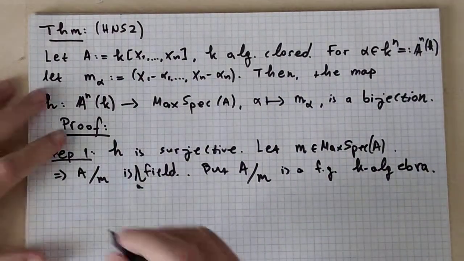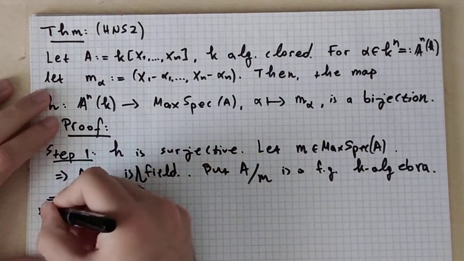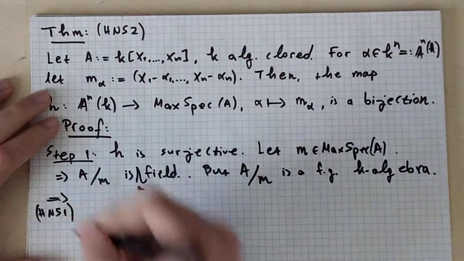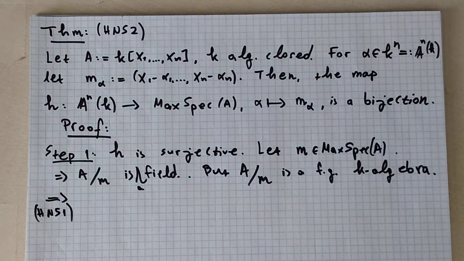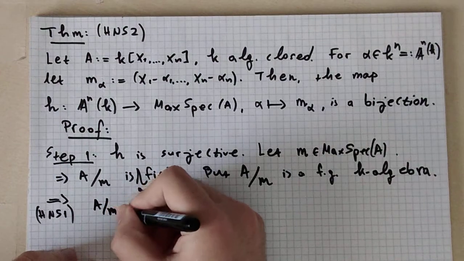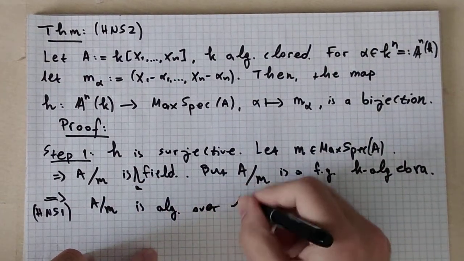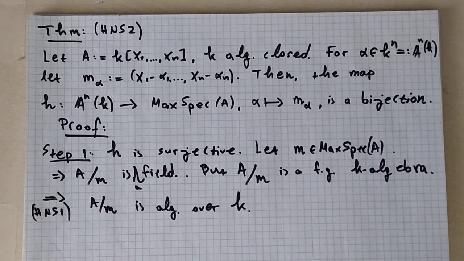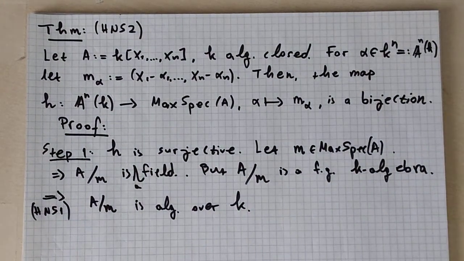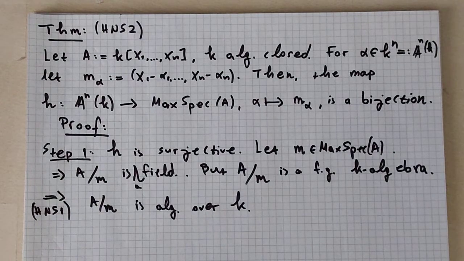But now, if we use Hilbert's Nullstellensatz version 1 that we proved in our previous video, what we get is that alpha modulo M is algebraic over K. Right, because in case you don't remember, the first version said that if I have a finitely generated K algebra that happens to be a field, then this K algebra is algebraic over the field K, right?